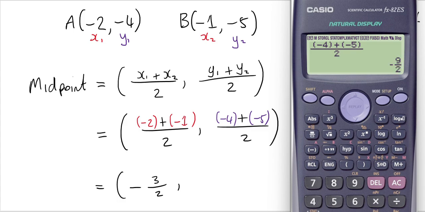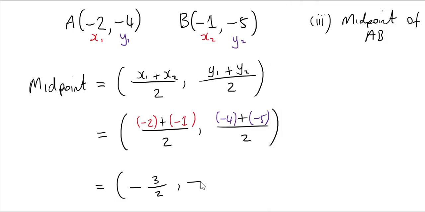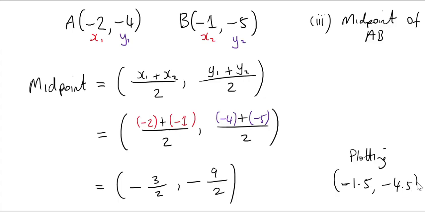Press equals, and you get -9/2. So that's the answer to that one. Again, just to understand, if you were plotting here, it would be easier to understand that that's -1.5 and that is -4.5. That's easier for plotting, but in your answer here, that is the answer, nice and handy.